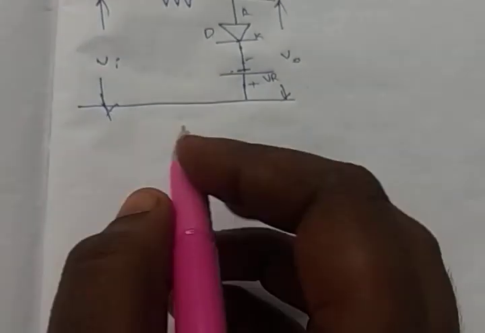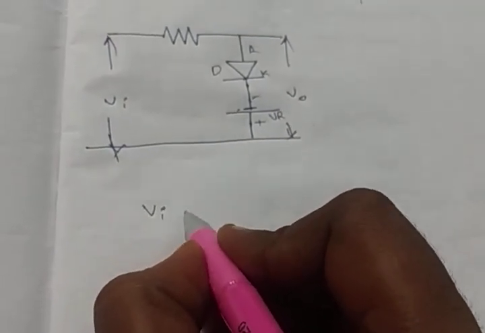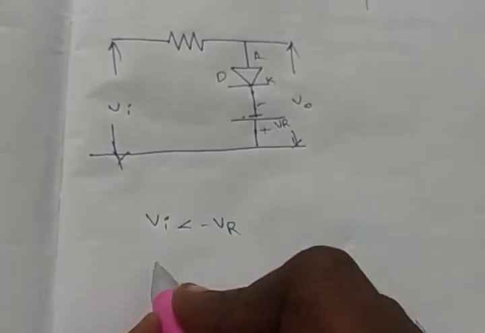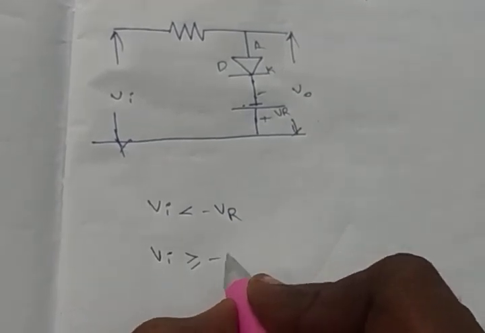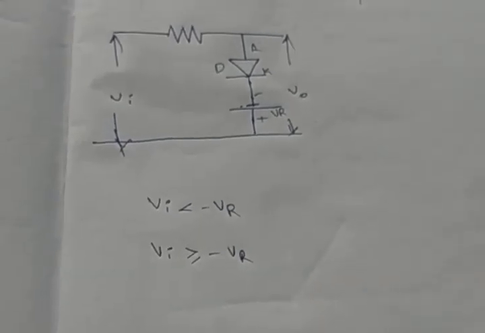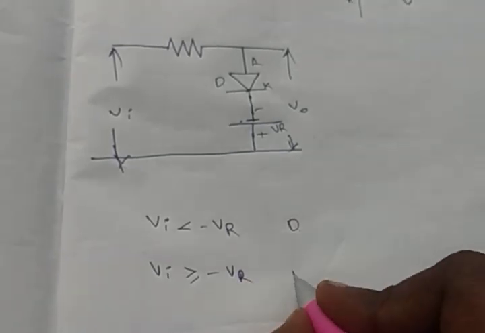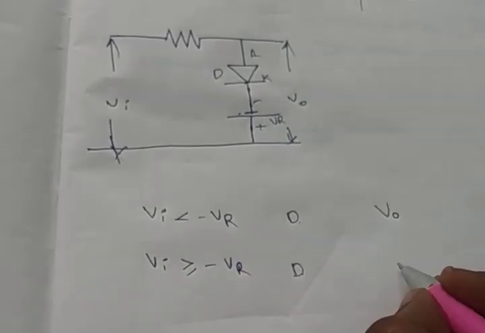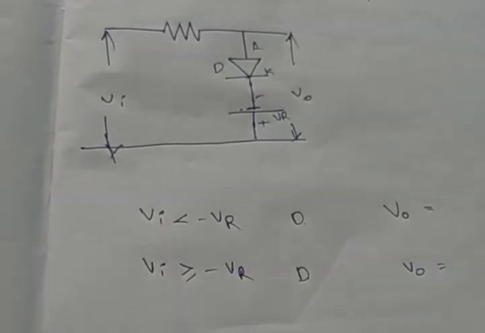And let's see the operation for Vi less than minus VR conditions, and for Vi greater than or equal to minus VR conditions. So what is the diode condition? What is the output? We have to know. So let's see.